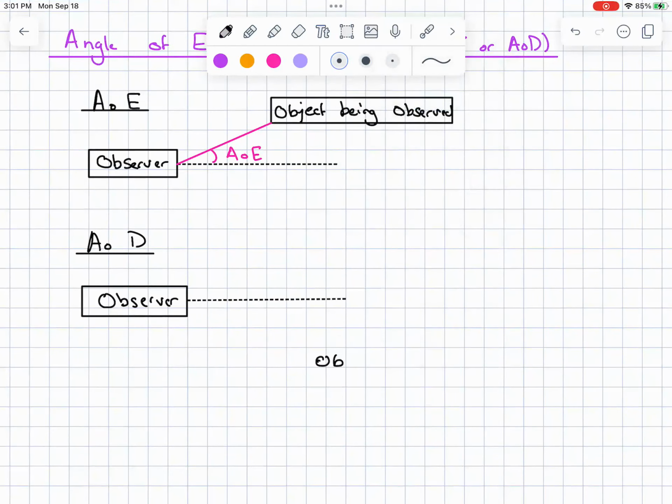So this one would be down. The observer looks down to the object, and that angle is the angle of depression, the AOD. We just need this little bit of information because otherwise it doesn't make sense when you're reading problems that involve the angle of elevation or angle of depression.